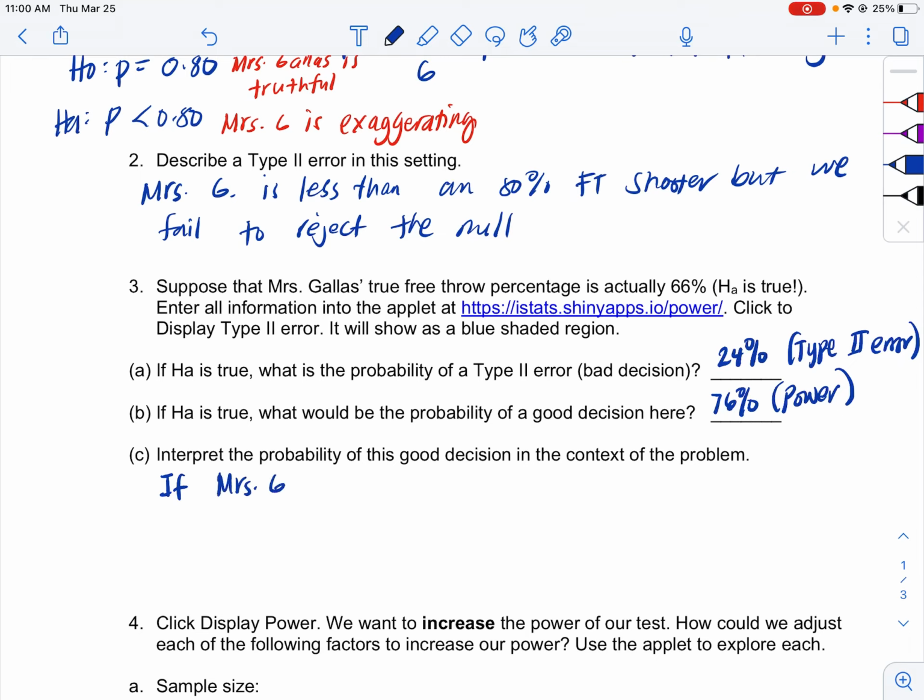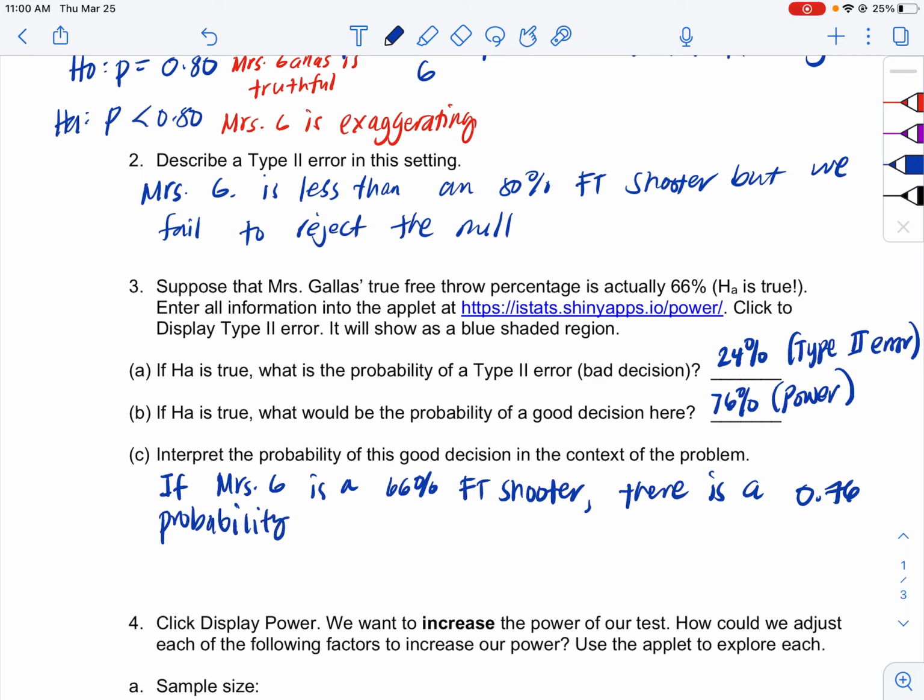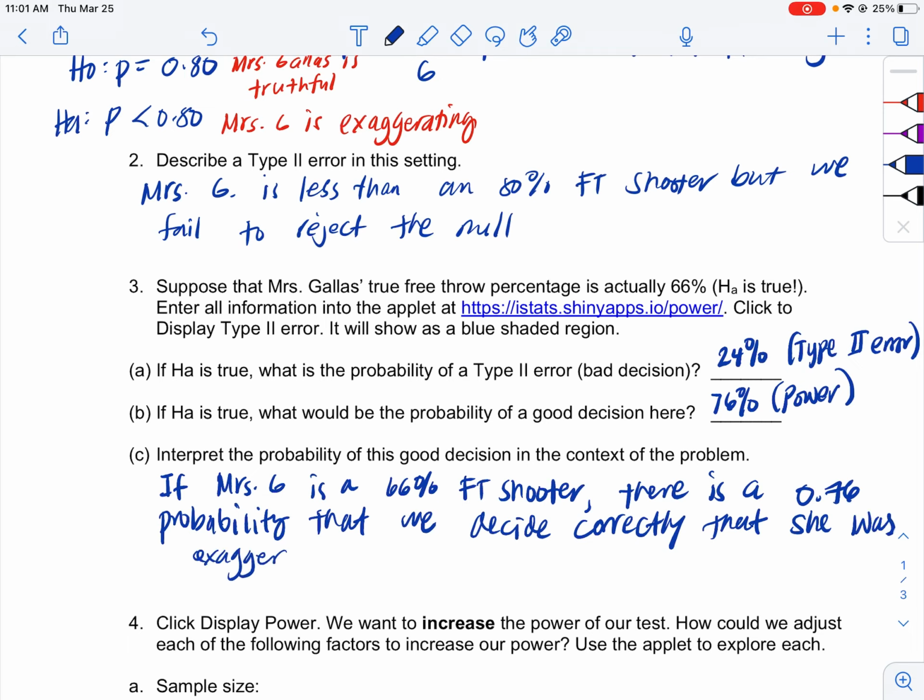If Mrs. G is a 66% true proportion free throw shooter, there is a 0.76 probability that we decide correctly, or we make a good decision, that she was exaggerating, or that she is a less than 80% shooter.